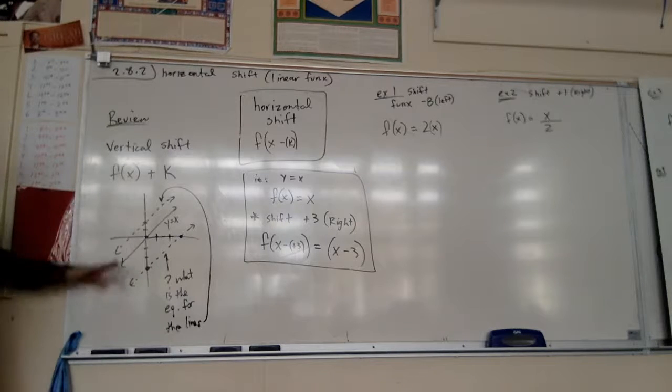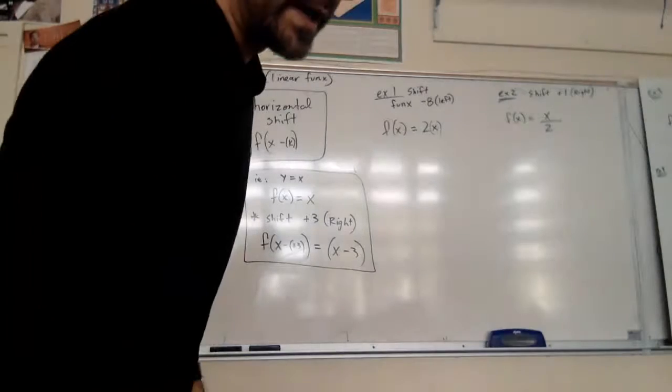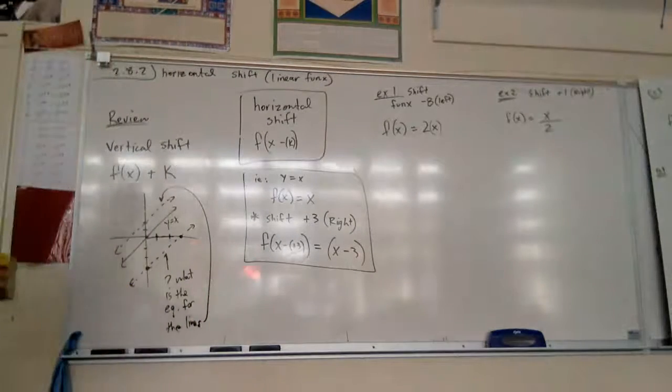Now, this function right here, y is equal to x, is the very basic line. It's the parent function for any line. It's really just modifying this line to be in a different position. So you could think that every linear function is really just this parent function that goes to the origin.